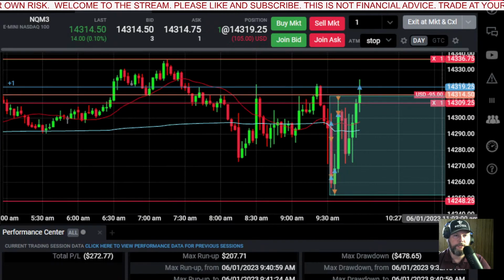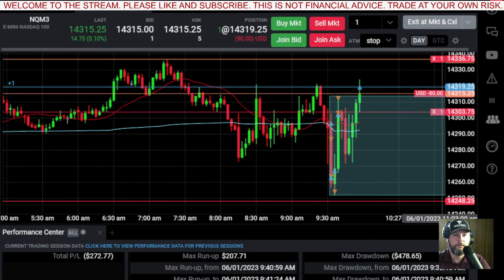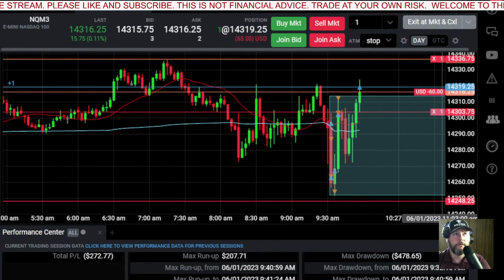Trading back into the range here. Put my stop down here at the bottom of this candle. That's kind of how you're supposed to make these plays. Give it a little bit of room here.